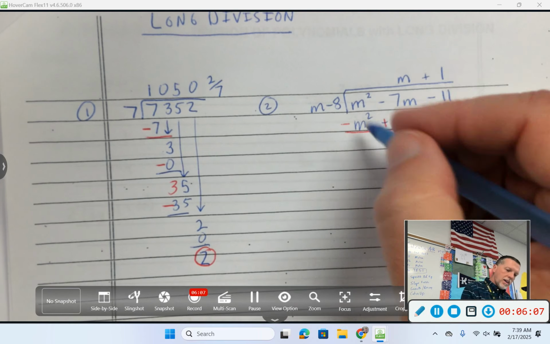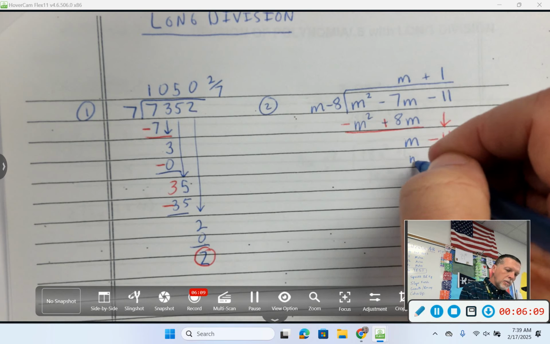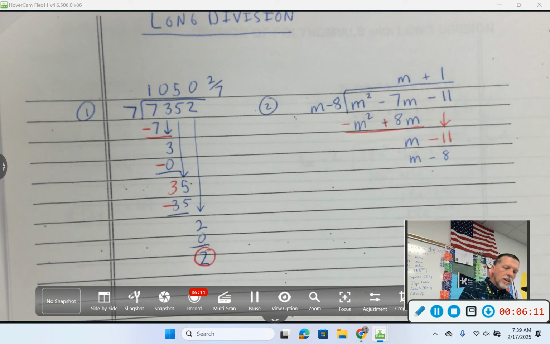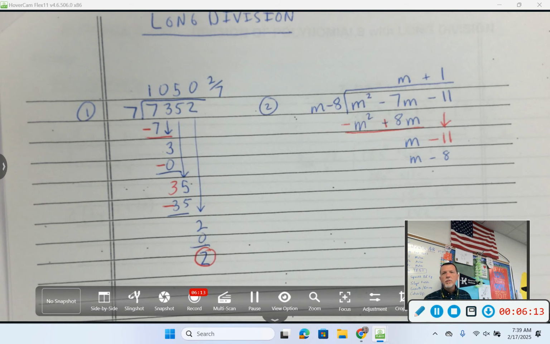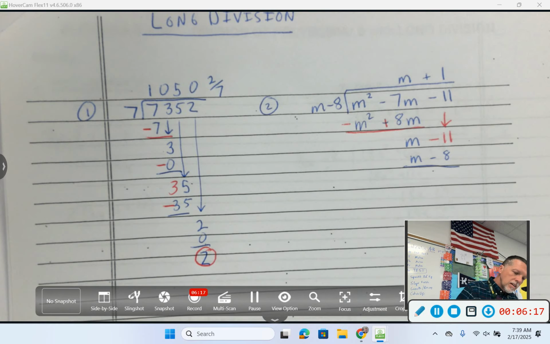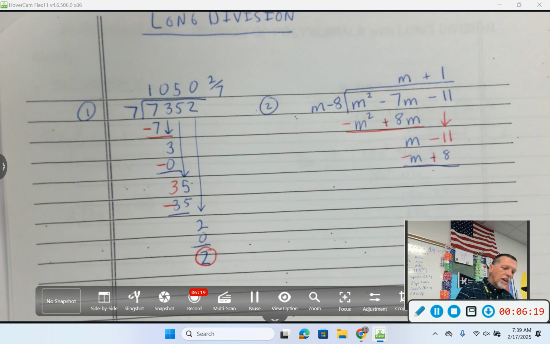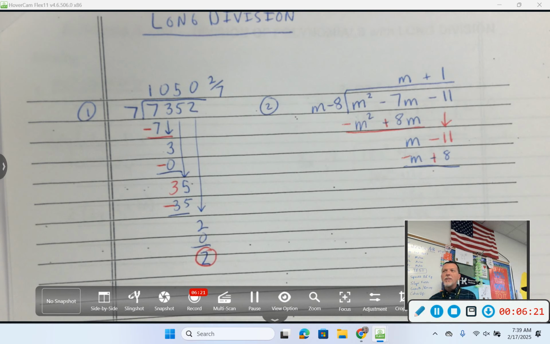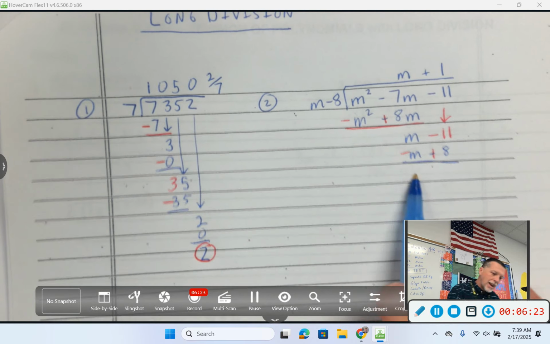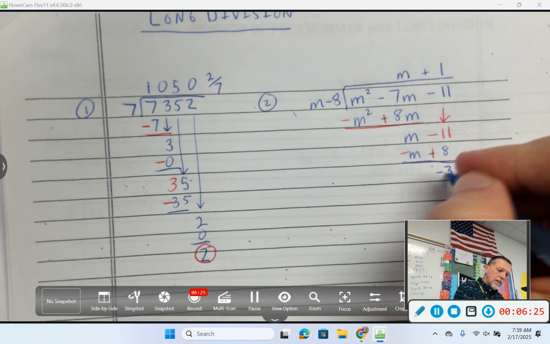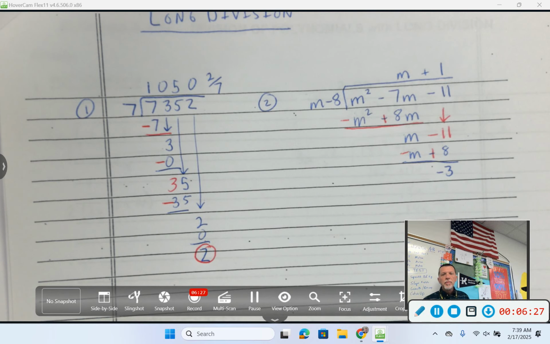Multiply it back. 1 times m minus 8 would be m minus 8. But then what do we do with the m minus 8? Subtract. So change the signs. Again, the lead term will always go away because you picked the right thing to multiply to make that happen. That leaves negative 3. So we could say the remainder is negative 3.